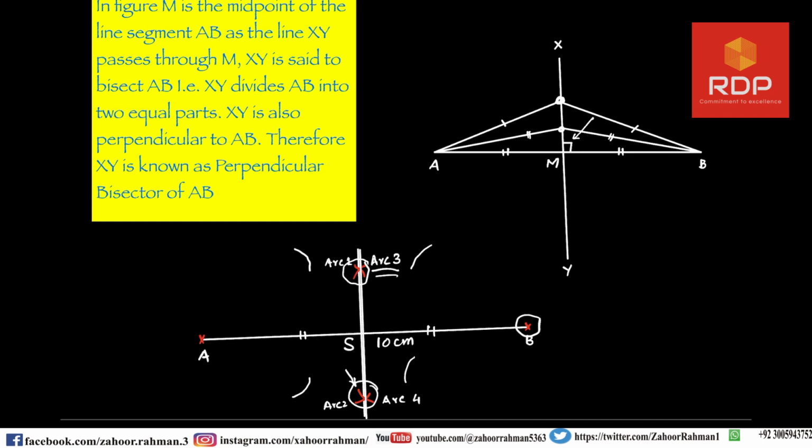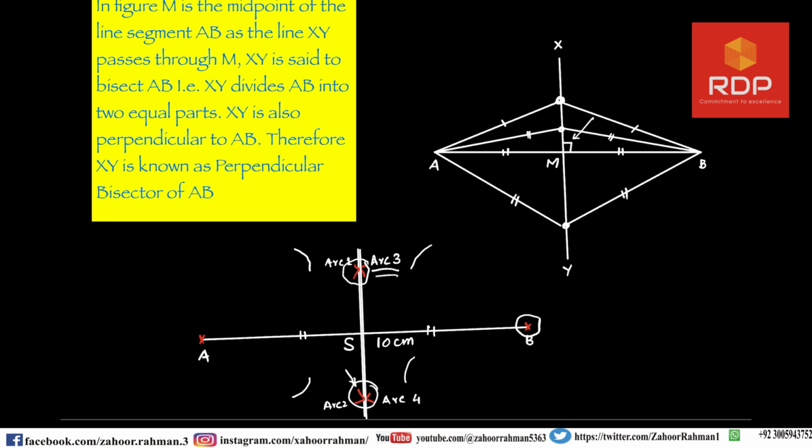Now if I am taking from this side and connecting it to the endpoints, then these two lines must be of equal distance. This is the first law which we are going to use in the solution of different problems.